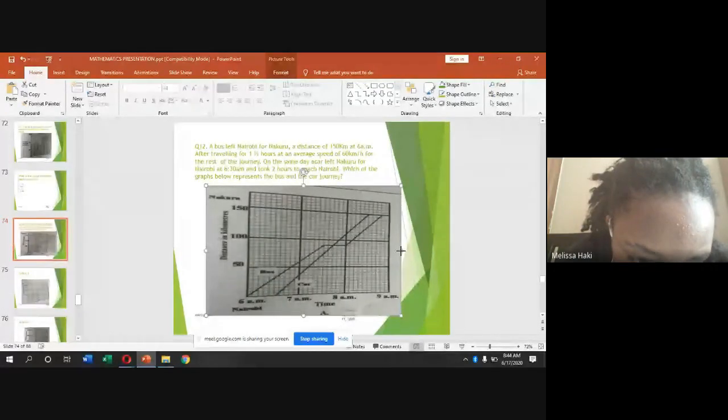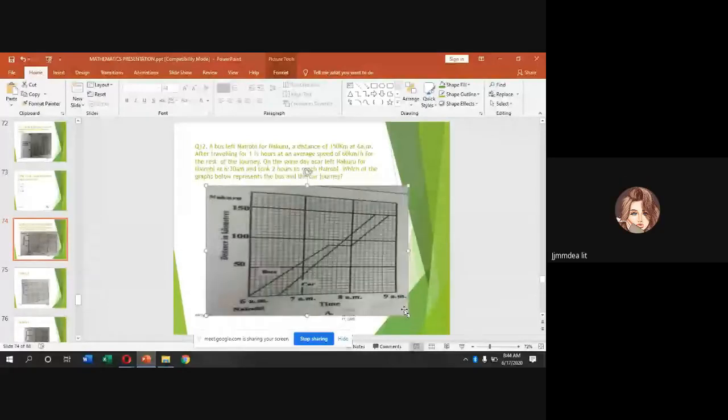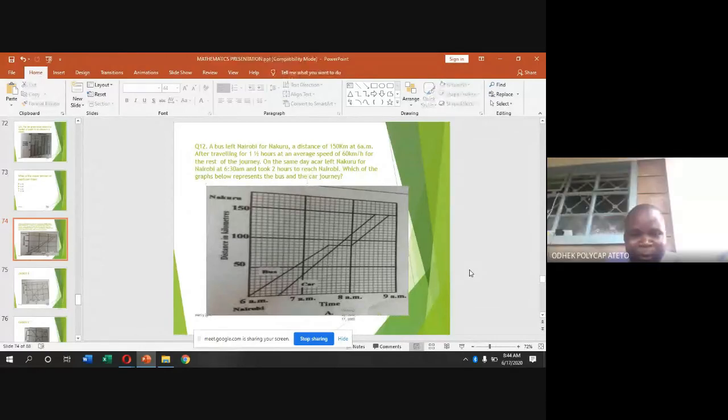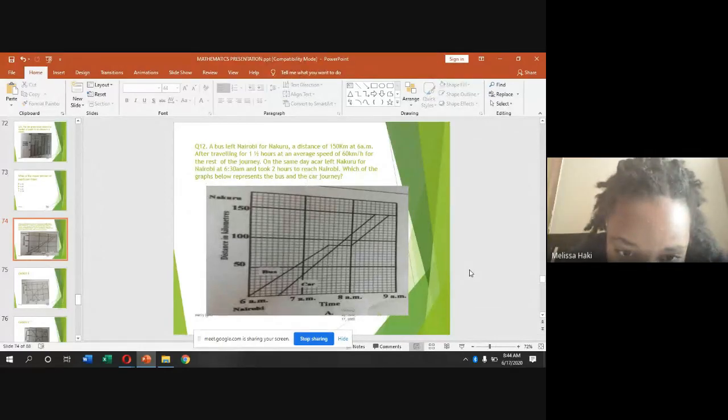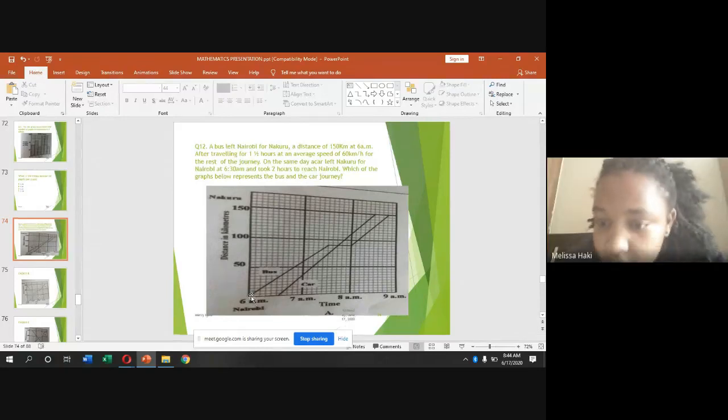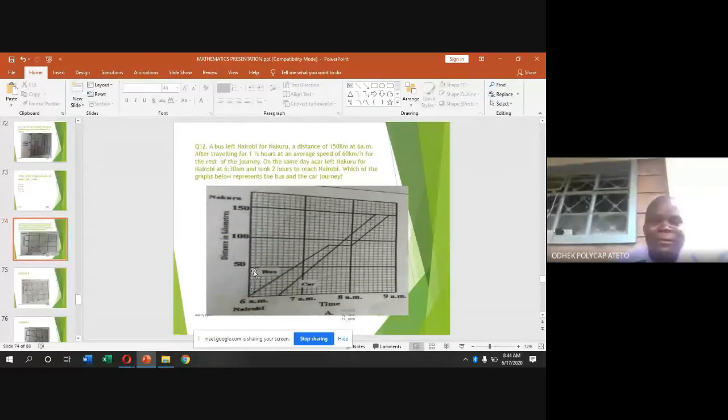Anyway, how many small boxes are inside the scale? On the vertical. About 10. Are they 10? Yes, correct.